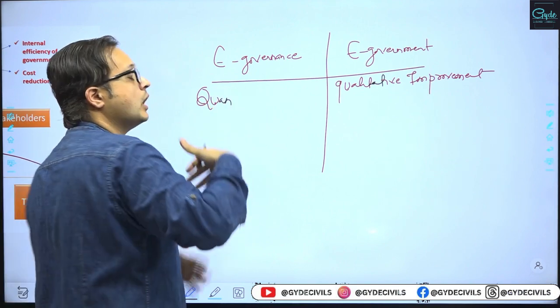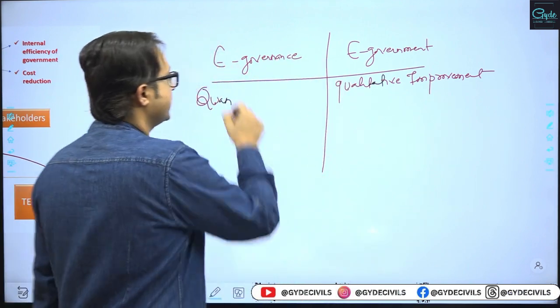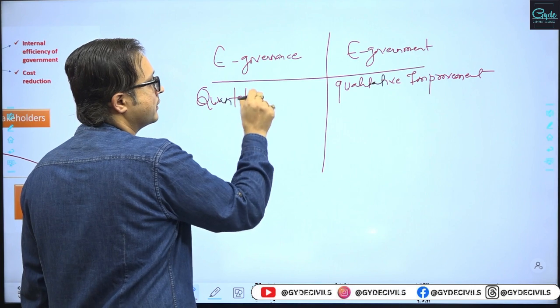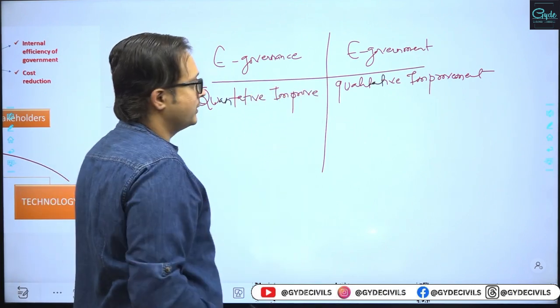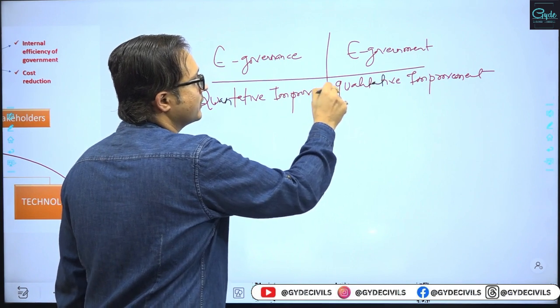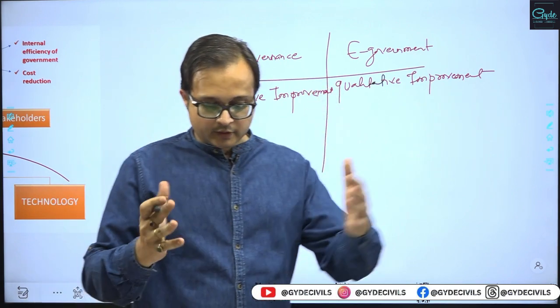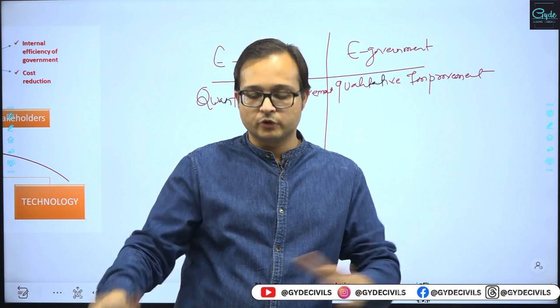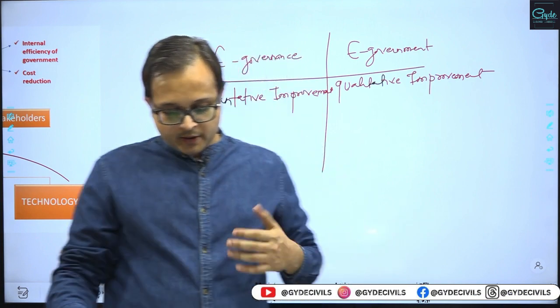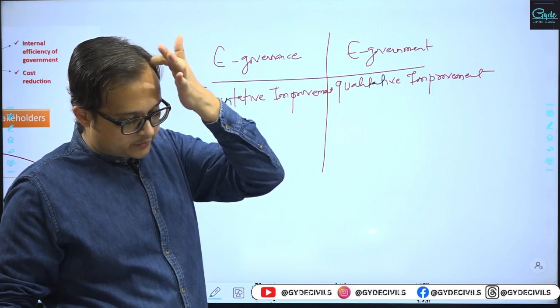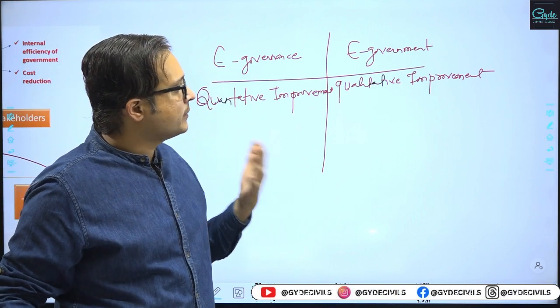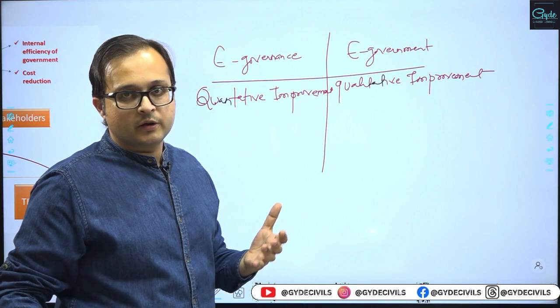How many and up to what mass of the government. That's why e-governance is a broader term, a broader method of doing things, right? Then e-government is simple infrastructure, or we can say it is a simple administrative process, right?